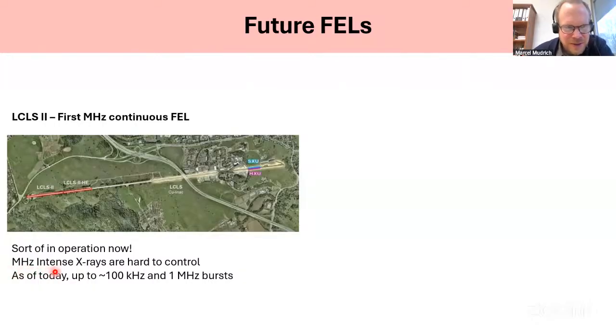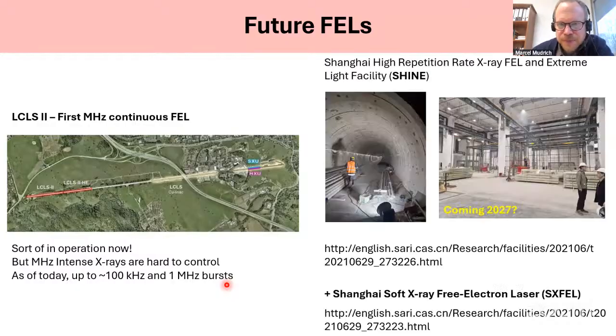But this is not achieved. They haven't achieved that yet. I think up to now, 100 kilohertz repetition rate continuously is possible, or alternatively megahertz pulses, but then in bursts, similar to European XFEL.